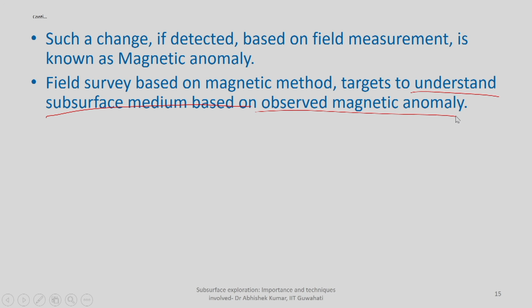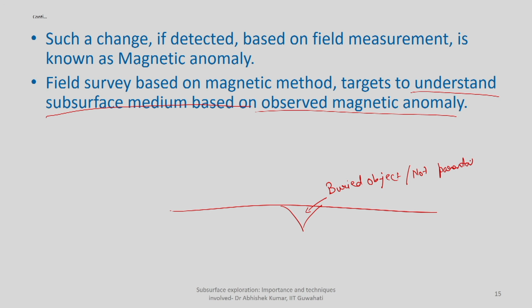To give you an example, if this is your ground surface and you have some buried object, maybe here, which is not parental in nature, if you do some kind of magnetic observation here, it will show some kind of change in your magnetic properties. You can consider this a magnetic profile.